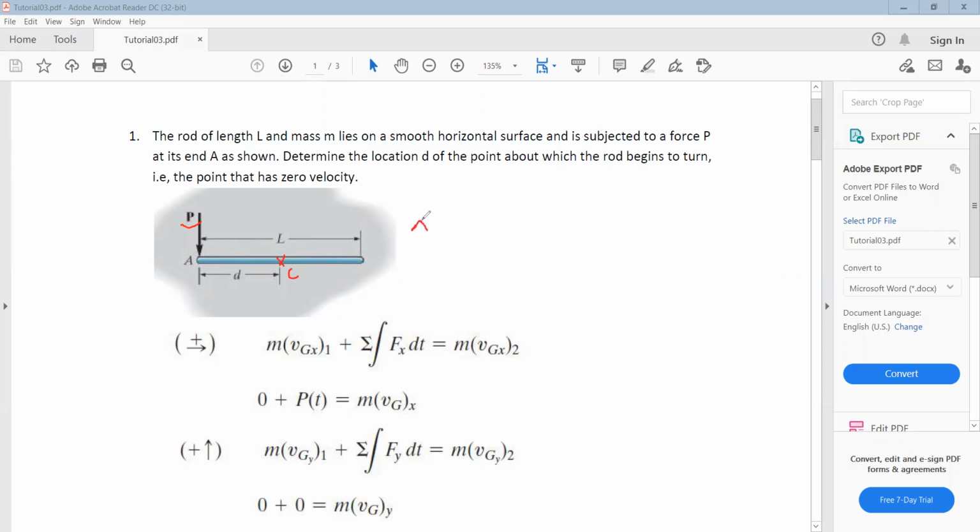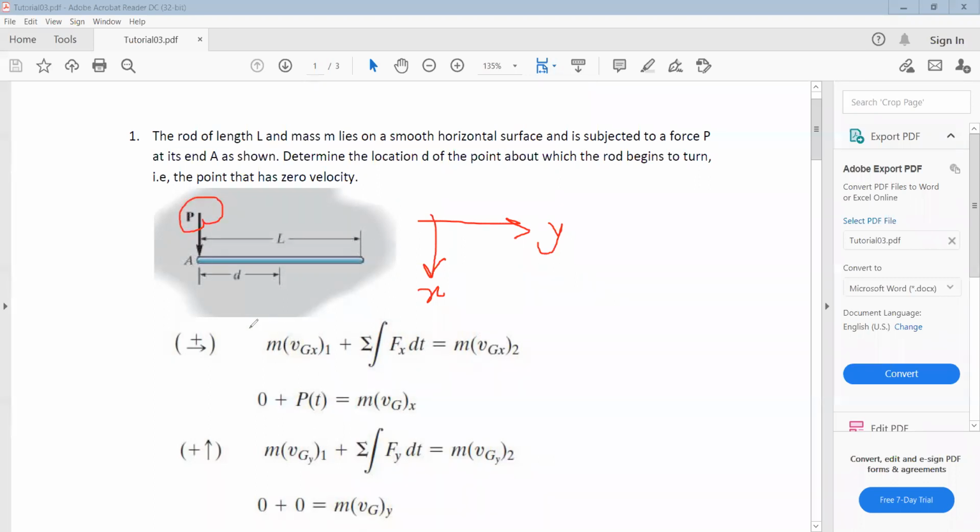If we assume this is a coordinate system X and Y, where this is axis X and this is axis Y, then in this coordinate system we can write the impulse momentum equation, and also the angular momentum equation. So in the X direction, we have force P.